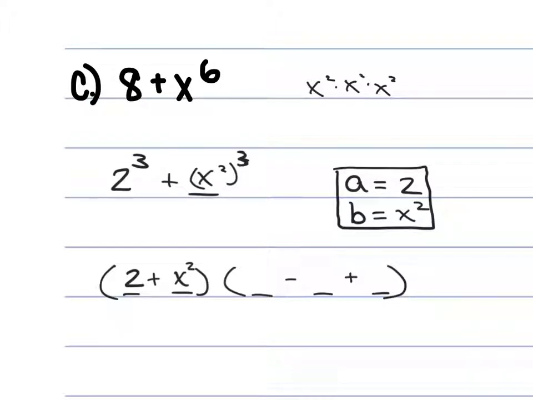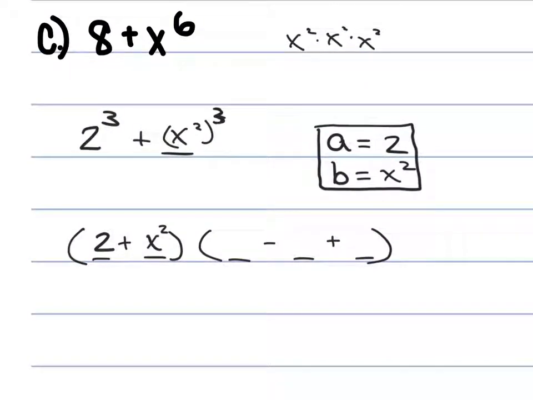What goes in the first box of the trinomial? A squared, which is? What goes in the last box over there? Which is? X to the fourth. X squared times x squared is x to the fourth. And what goes in the middle one? 2x squared. That is the factored version of 8 plus x to the 6th power.